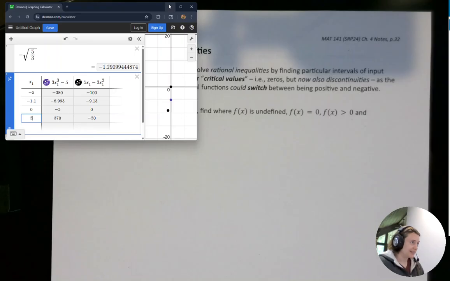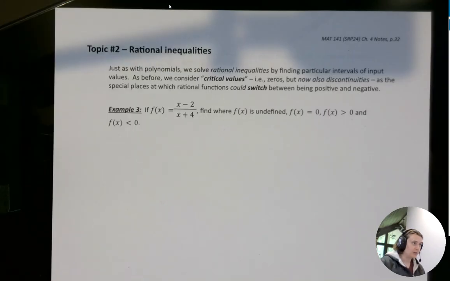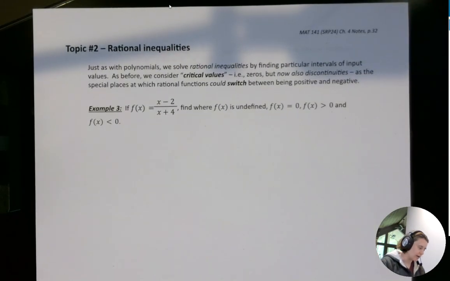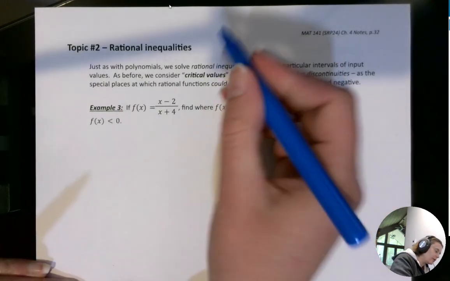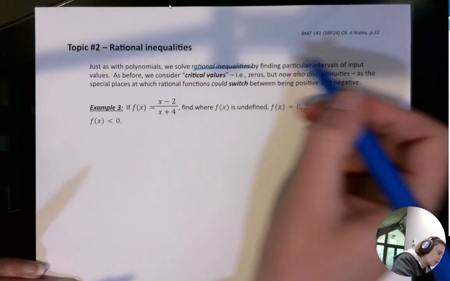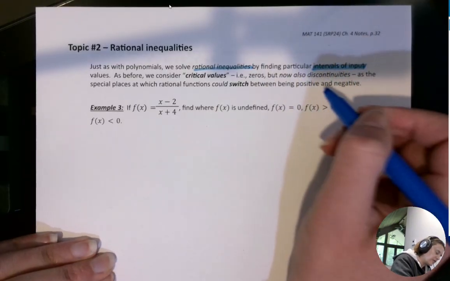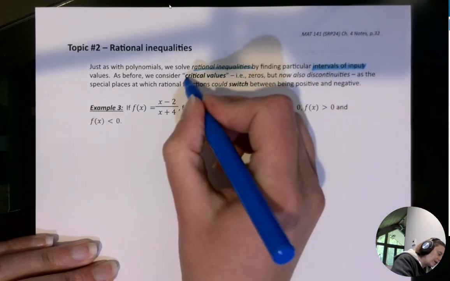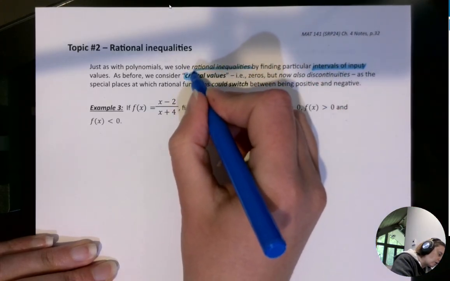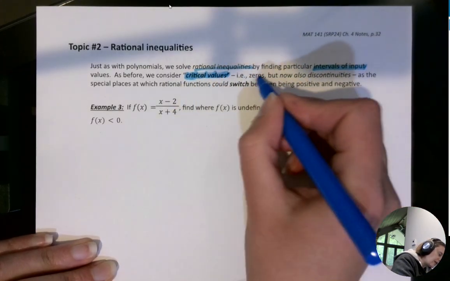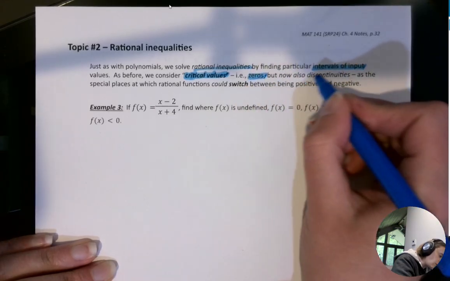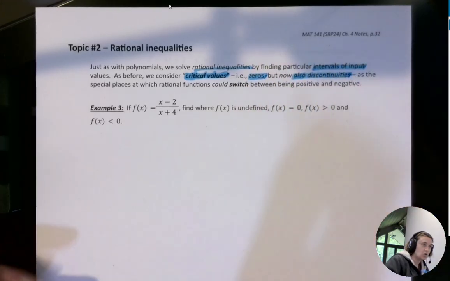We're going to look now at topic 2 on rational inequalities. This process is going to be pretty similar to polynomials. We are going to solve rational inequalities by finding particular intervals of input values. So we're going to consider critical values, which are going to be zeros, but also discontinuities.